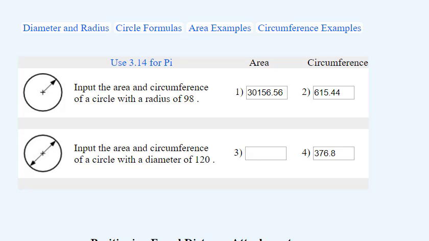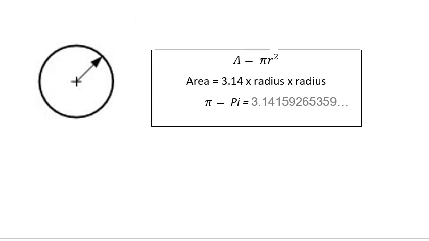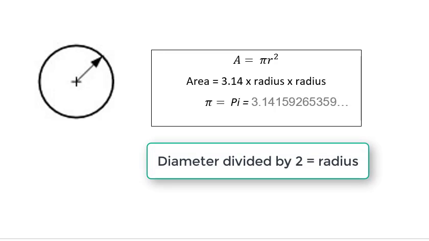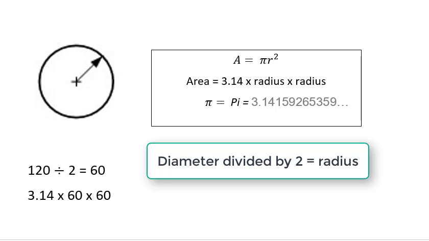Let's find the area of a circle with a diameter of 120. If we were to find the area of a circle with a diameter of 120, we know that the diameter is twice the length of the radius. So we take the diameter and we divide it by 2 in order to get the value of the radius. So we take 120 divided by 2, and that gives us the value of the radius.